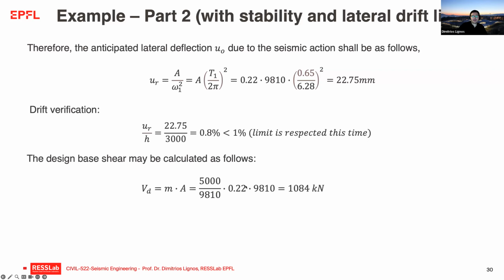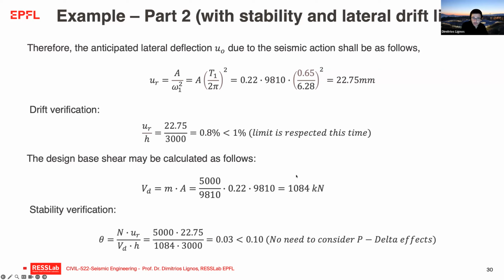And if I compute the design base shear here for the new seismic action, VD is going to be again M times A. M is equal to weight divided by G. A was just calculated in the previous slide as 0.22 times G. So my VD in total is going to be 1084 kilonewtons.